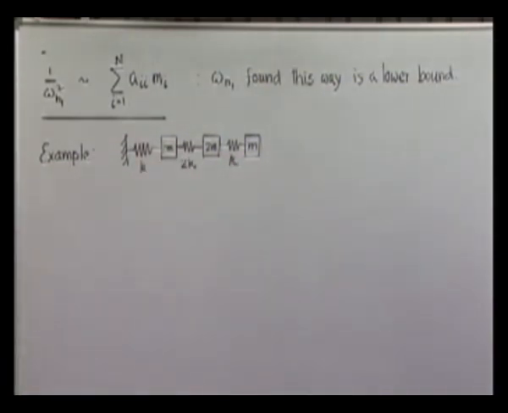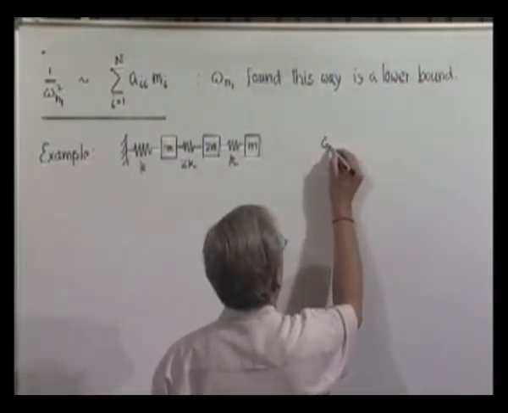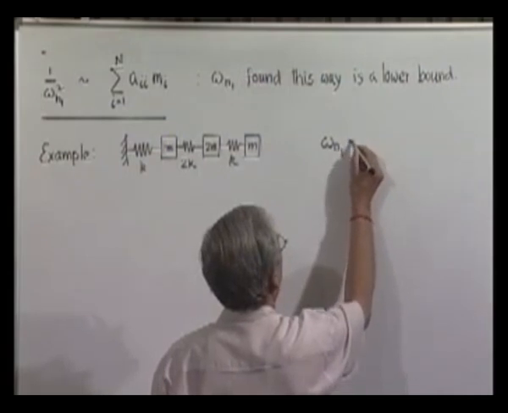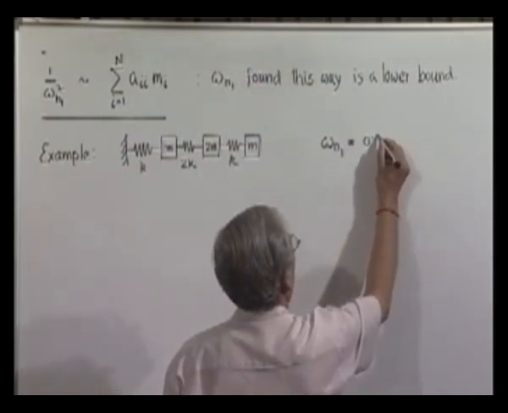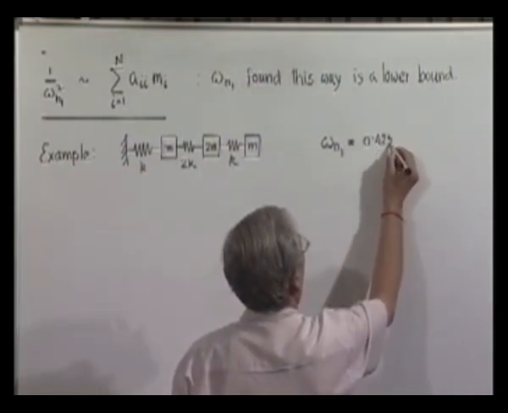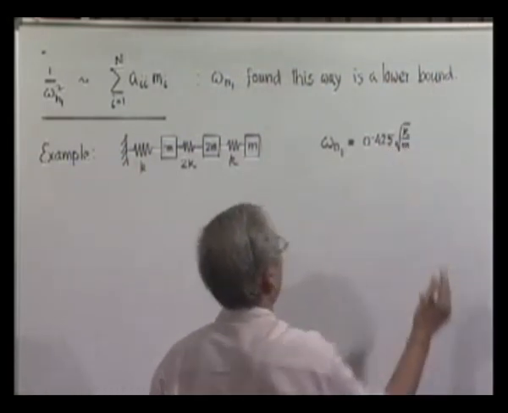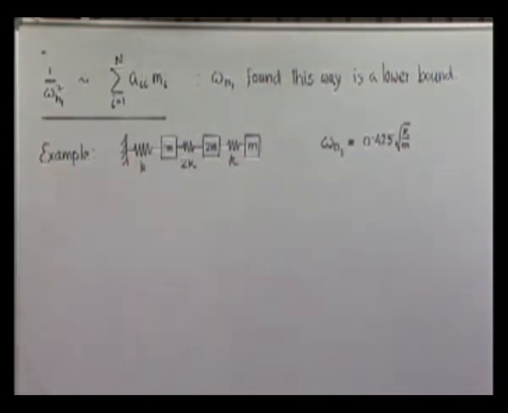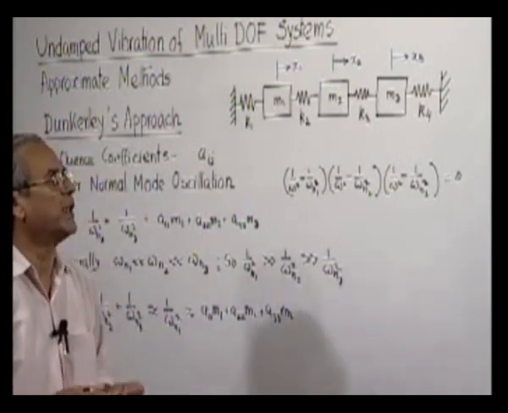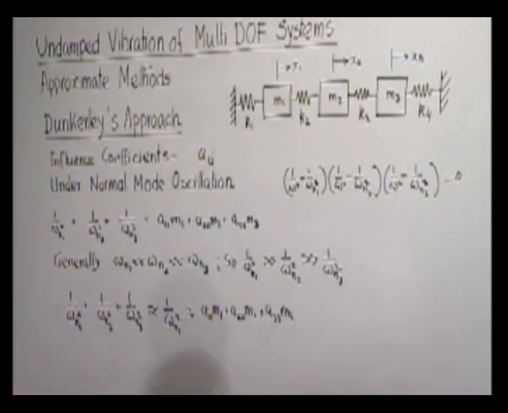This is a problem which we have solved, and its first natural frequency, if we remember, is equal to the value which we found out by the matrix iteration method, and which, if it is done accurately, will be an exact value. Now, let us apply this.